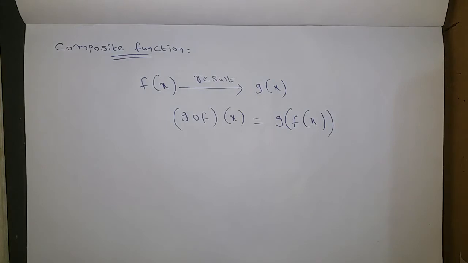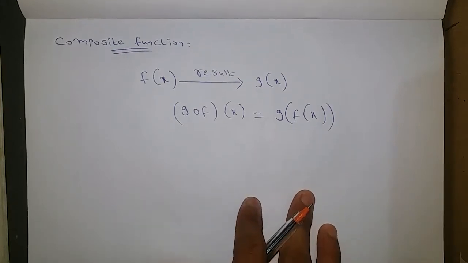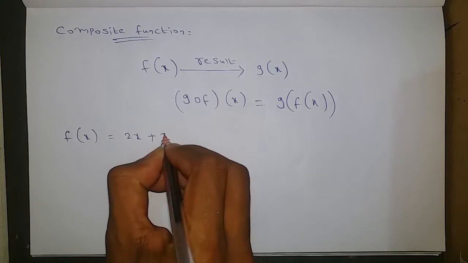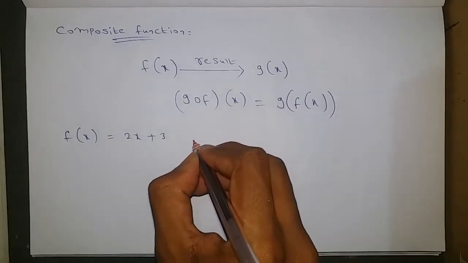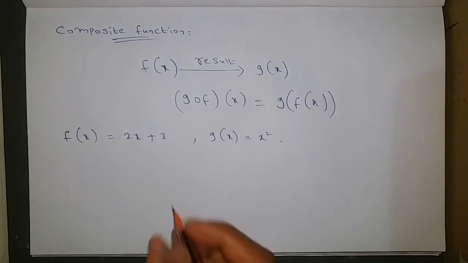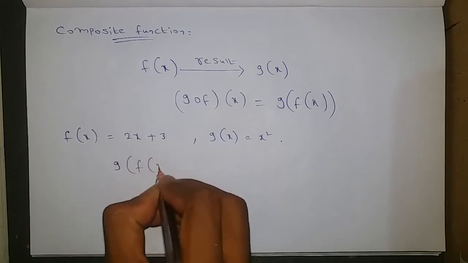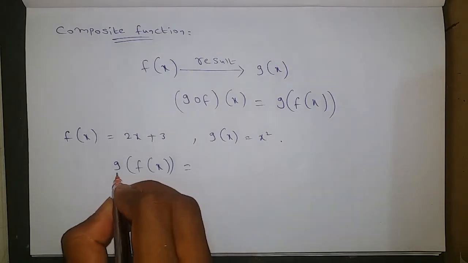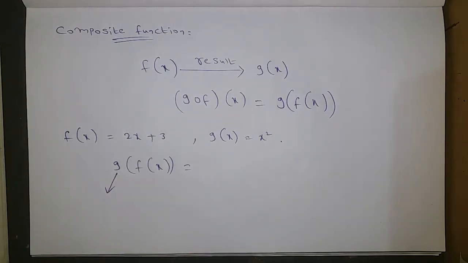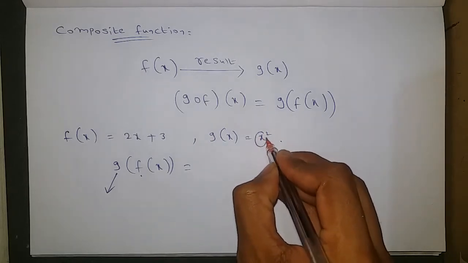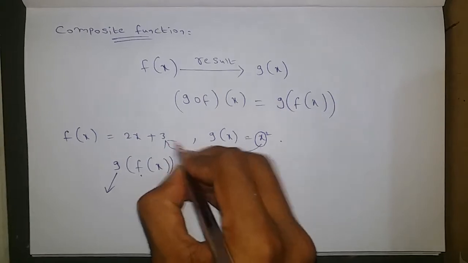So let us take one example and let us discuss this. We have a function f of x is equals to 2x plus 3, and one more function g of x is equals to x square, and the question is find g of f of x. So it's very simple. In g we need to substitute f. The g of x is given as x square, so in the place of x we need to substitute this total f of x.